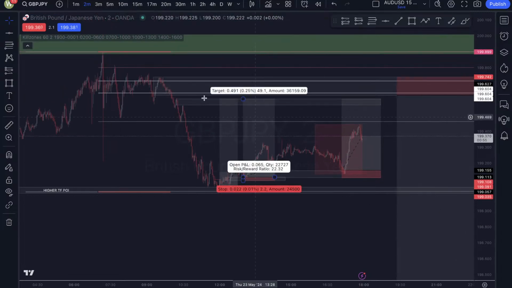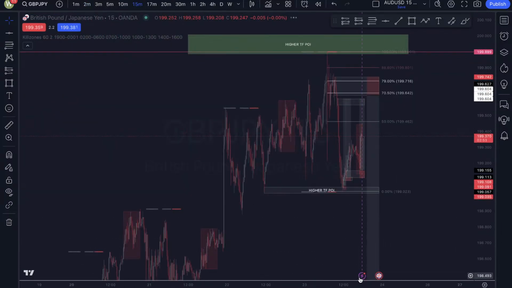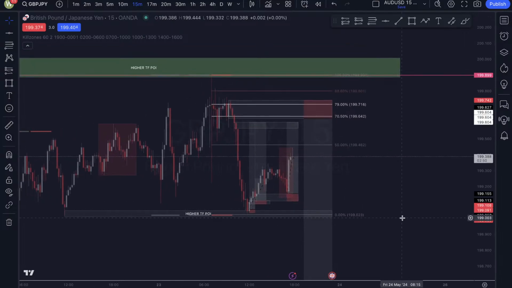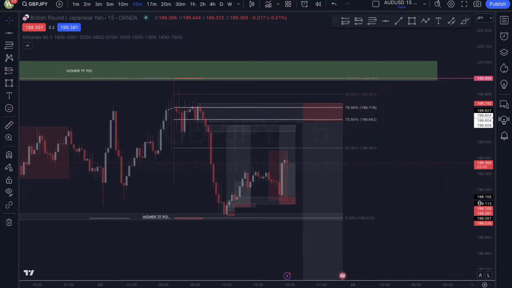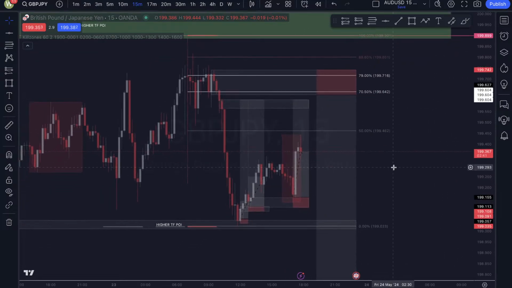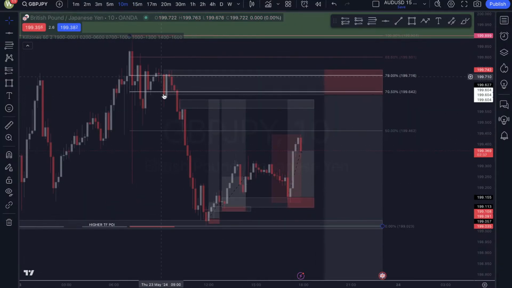What I think is going to happen is that price will reach these highs. The reason why my take profit is at that level is simply because I do believe the market will sell off here at this level of imbalance filled and order blocks taken.